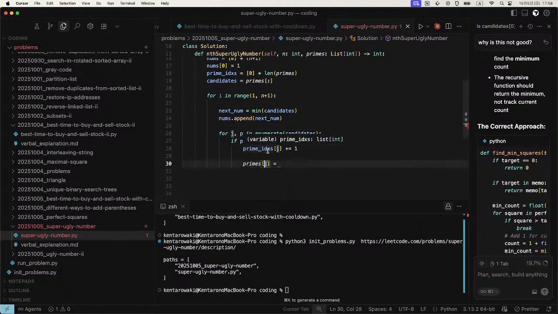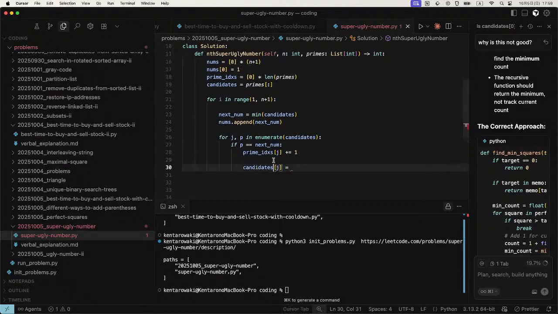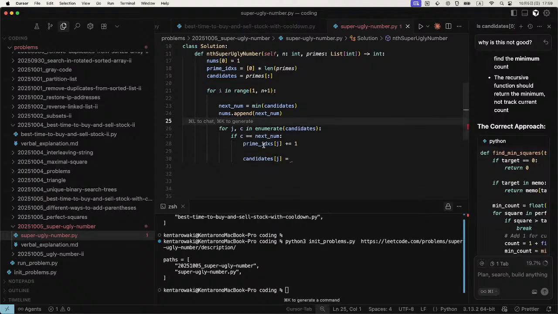The prime indices at j is updated like this, and we also have to update candidates at j.